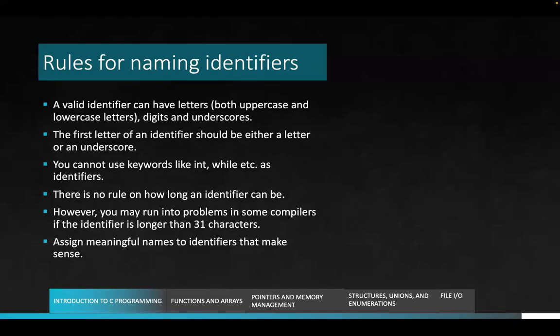It can have n number of letters in it. But some compilers have some restrictions. If it has more than 31, right, it will still execute the code, but it takes time to execute. So, at the end of the day, we should give variables or identifiers meaningful names and assign some values to them clearly.